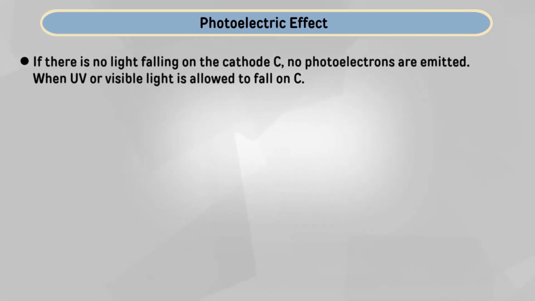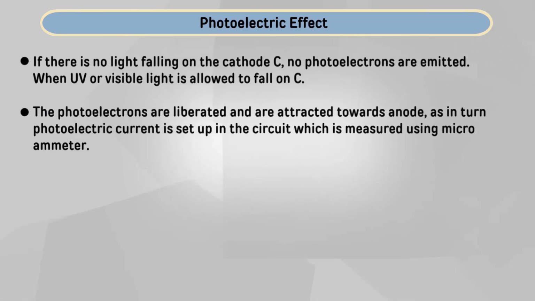The observation is that if there is no light falling on the cathode C, no photoelectrons are emitted. When ultraviolet or visible light is allowed to fall on the cathode, photoelectrons are liberated and attracted towards the anode, because some potential is maintained between anode and cathode.